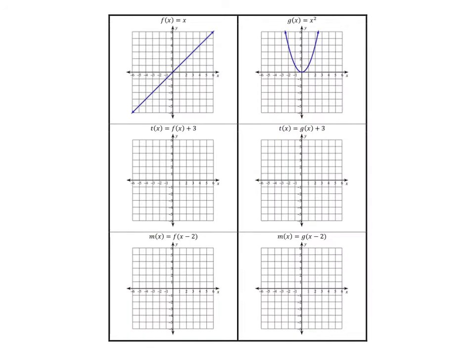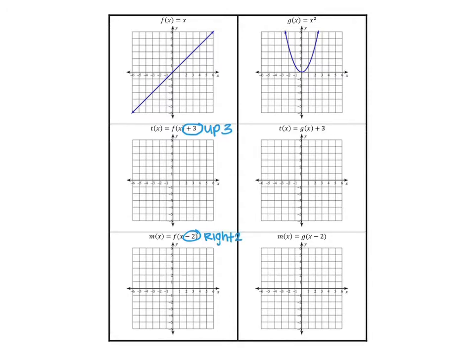So the last thing that we're going to do in 4.1 is we're just going to review function transformations. So if you recall, if I have a number that I am adding onto the function, that's going to move me up. If I have a number that I am subtracting directly from the x, that moves my graph to the right.